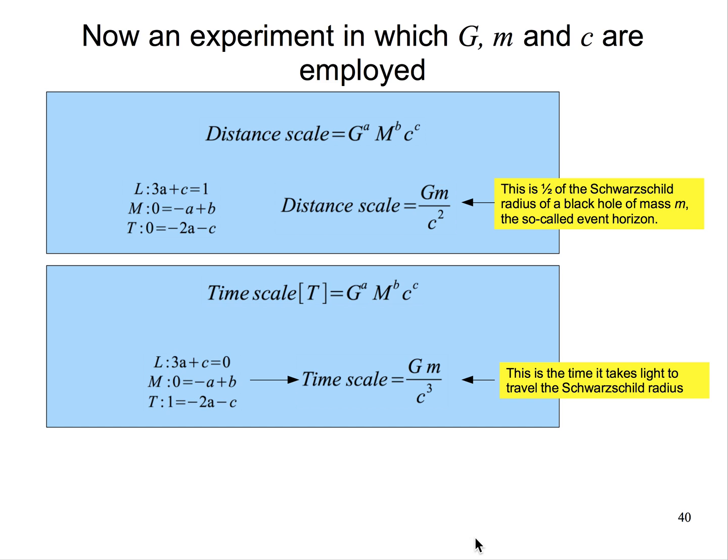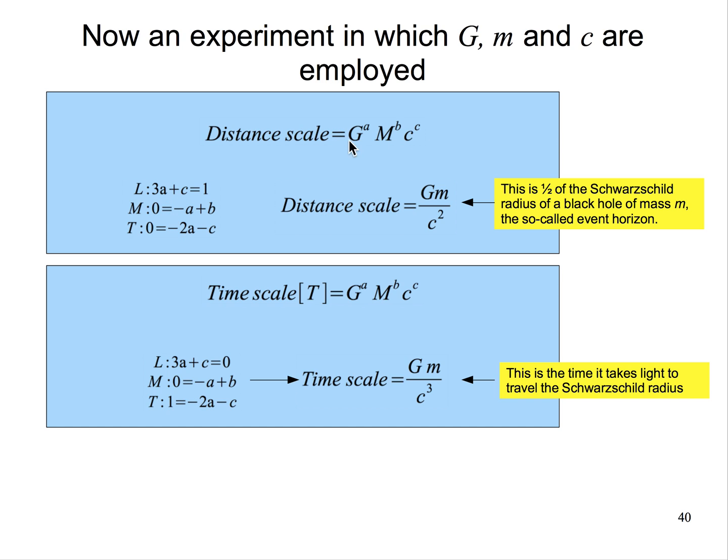So the distance scale, what is the characteristic distance if you use G and some mass M? We'll tell you in a second what that means. And once again, I've reverted to c to the c, which is bad form, but we'll just be careful.